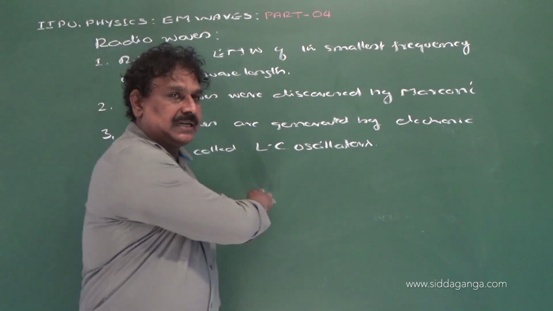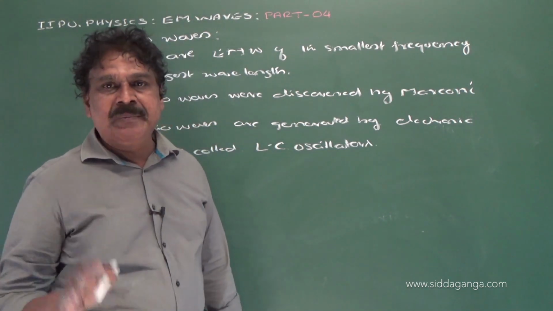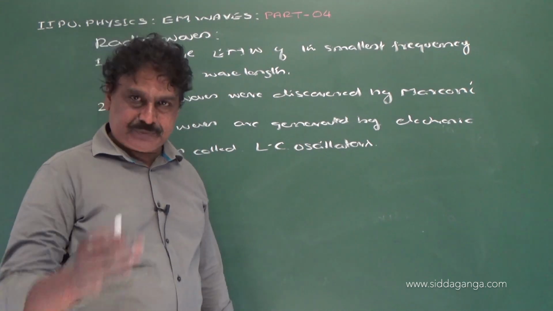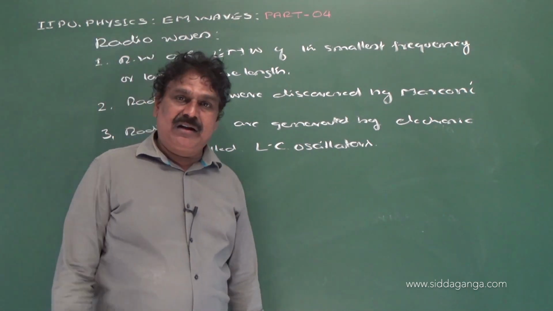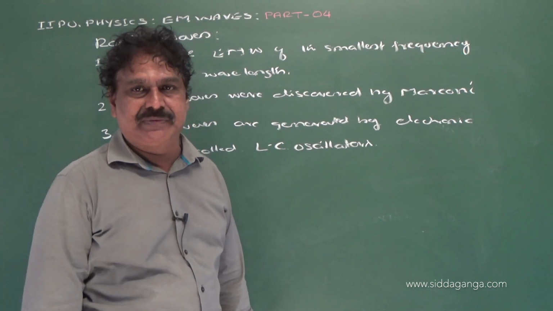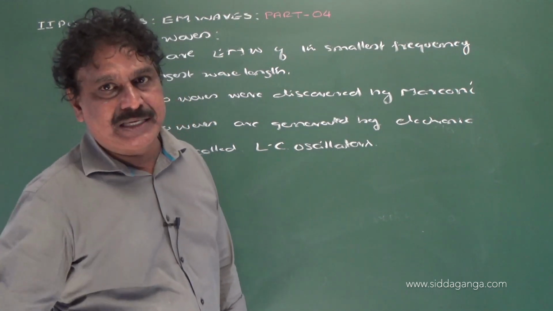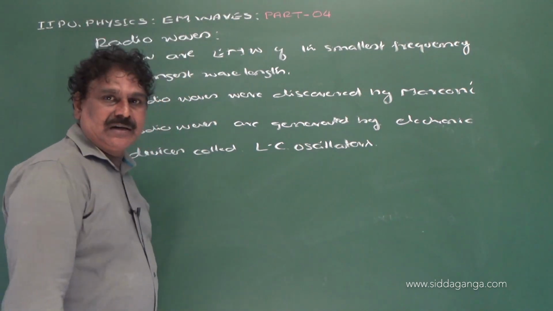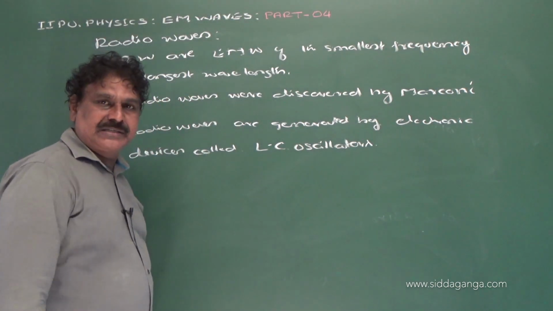You can see that LC oscillator in AC alternating current circuit, as well as when we are discussing electronics, now it is not there because the transistor is removed.